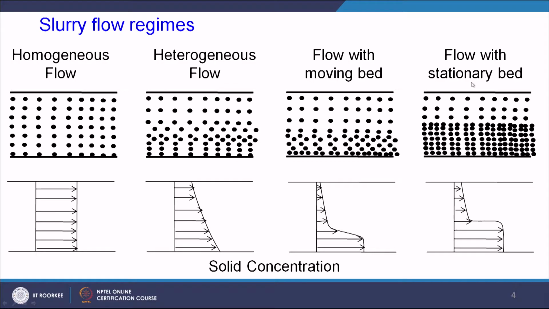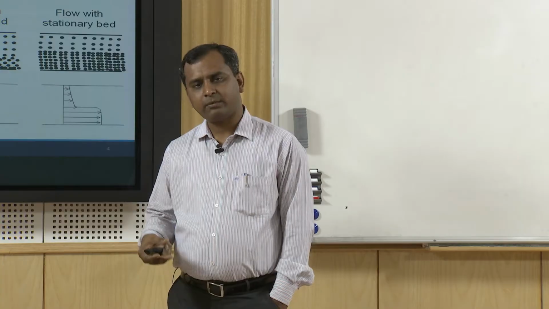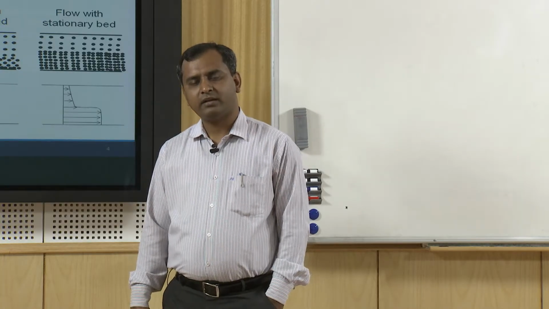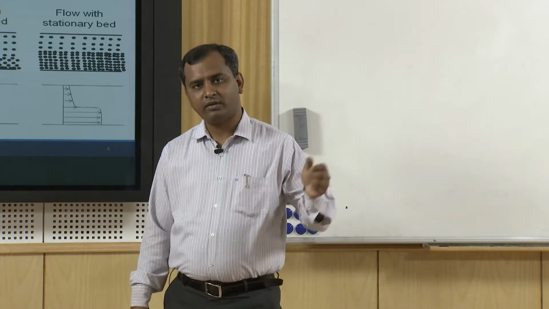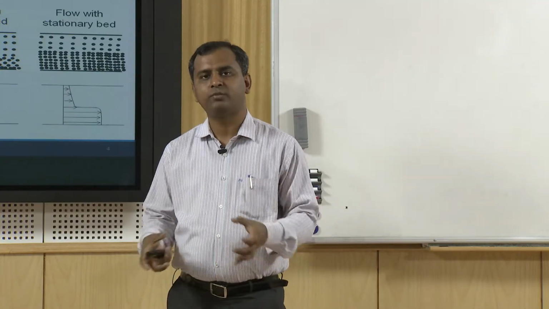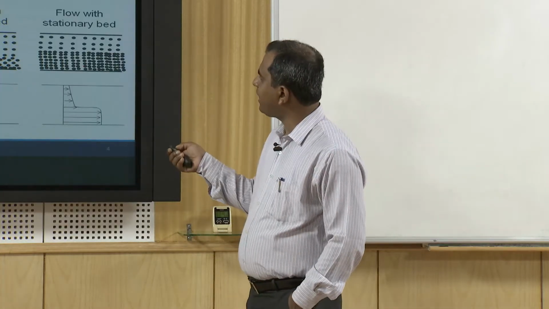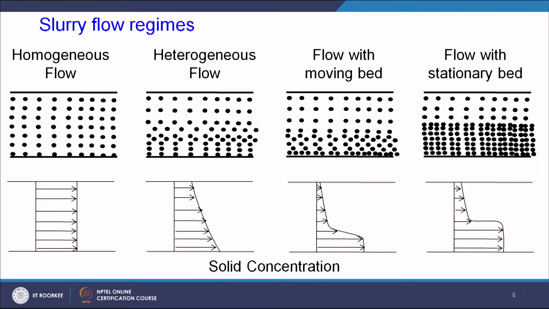Now, what will happen? Though there is a solid bed at the bottom of the pipeline, due to its thickness the incoming slurry mixture will not be able to transport the whole amount of solids. So this bed is more or less stagnant or stationary.